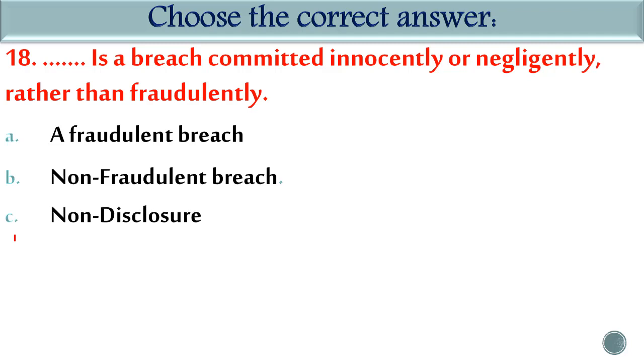Non-disclosure is a failure to give material information. Misrepresentation is the giving of false information. So our true answer is B, non-fraudulent breach, a breach committed innocently or negligently rather than fraudulently.